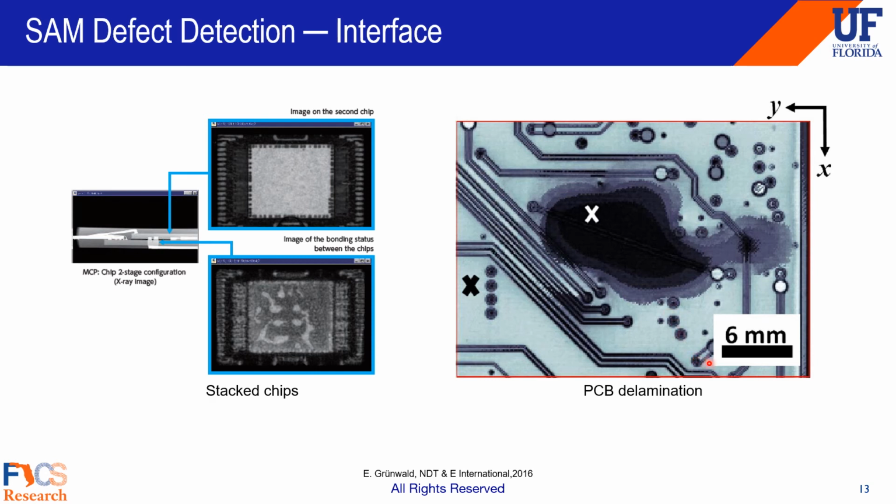This detection is made at millimeter dimension. Overall, we could see that SAM is a non-destructive way of imaging with a lot of applications and with a wide detection dimension from microns to millimeter range.